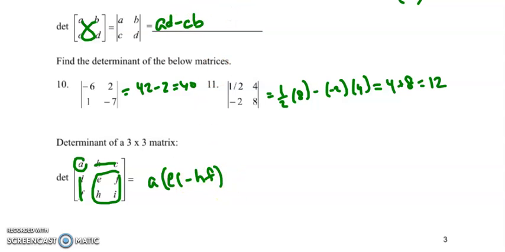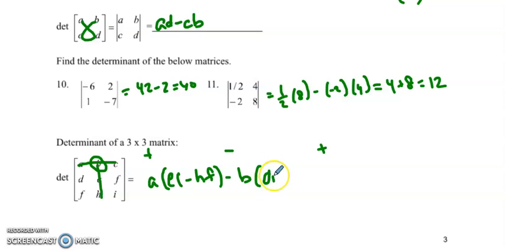Then I'm going to erase what I had here, go back and look at the second item in the top, cancel the row and column that come with that, and find the determinant of what's left. The B value becomes a scalar in front, and I subtract this time. I have to go plus, minus, plus, and I would keep going if I had more columns. But I have the B value then times DI minus FG.